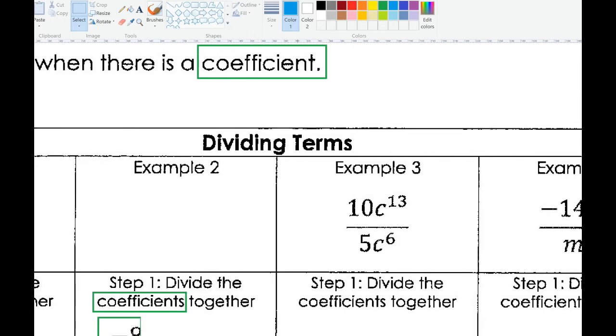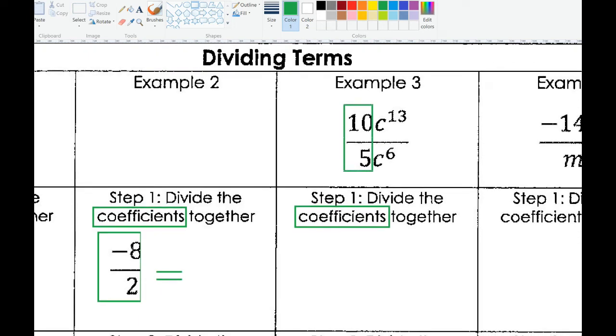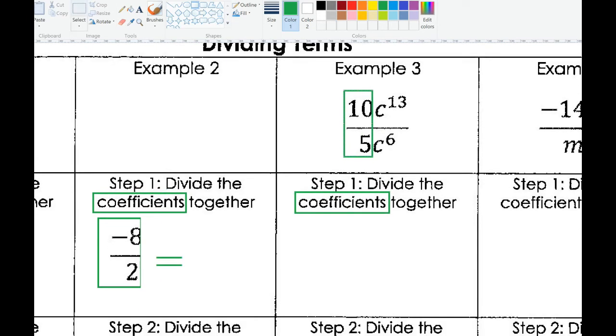On to example number 3. Okay, you can start seeing the pattern. The thing with math is that these steps don't change. You're not going to wake up on a Monday morning and all of a sudden the rules are different for solving these problems. It stays the same.